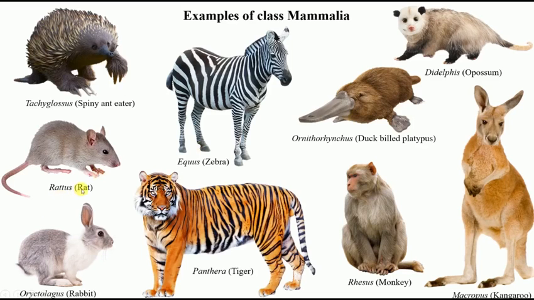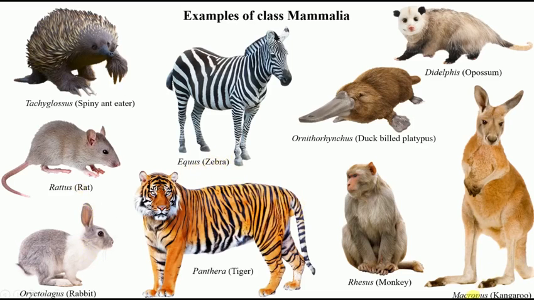Then among the rodents, you can see Rattus, commonly known as the rat. Then Oryctolagus, commonly known as the rabbit, which are also a well-known group of mammals. Then there are certain large herbivorous animals, Equus, commonly known as the zebra.